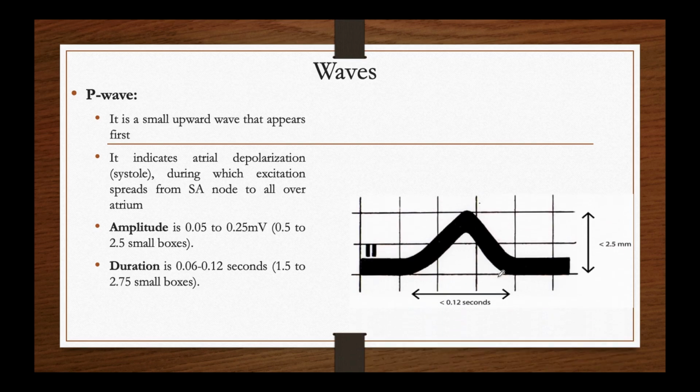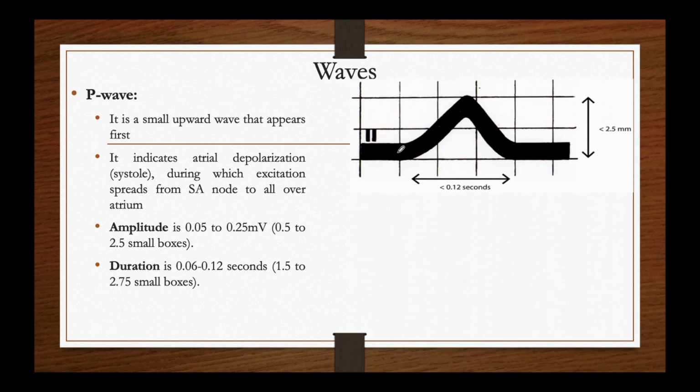If you look at the diagram on the right, this is how the P wave looks. The amplitude is 0.05 to 0.25 millivolt, or about 2.5 small boxes. And the duration, that's the time, is between 0.06 to 0.12 seconds, which is about 1.5 to 2.75 small boxes.